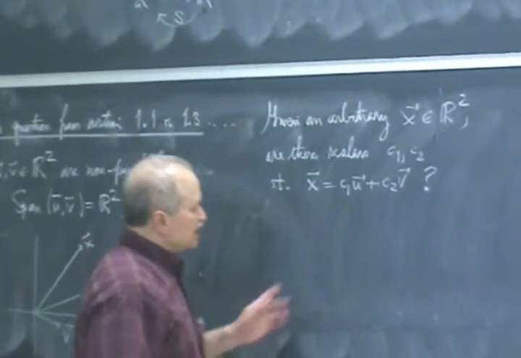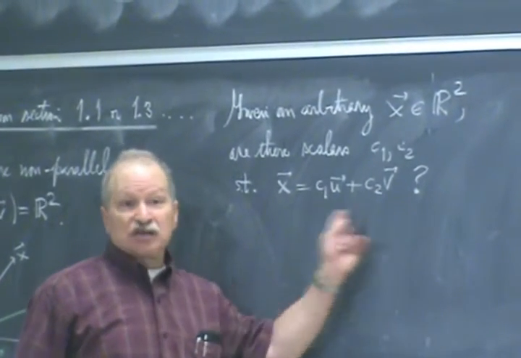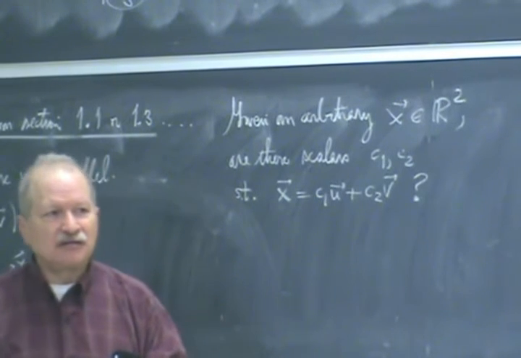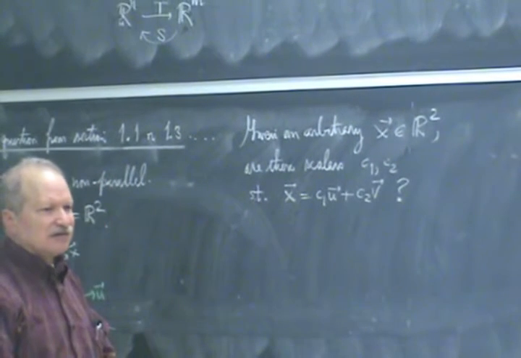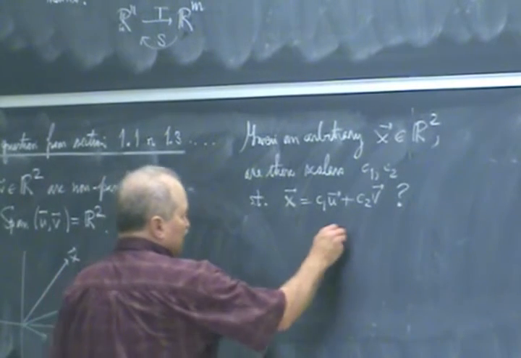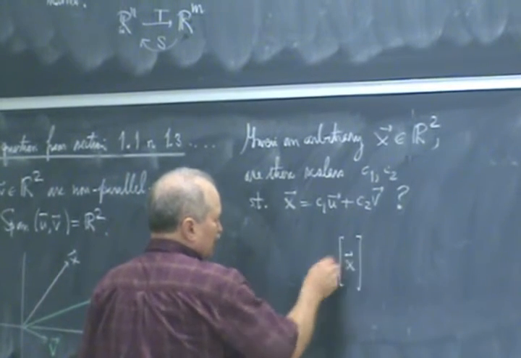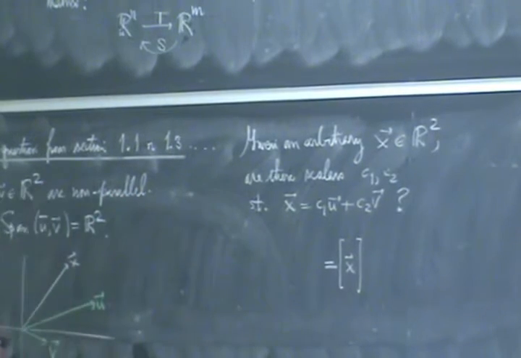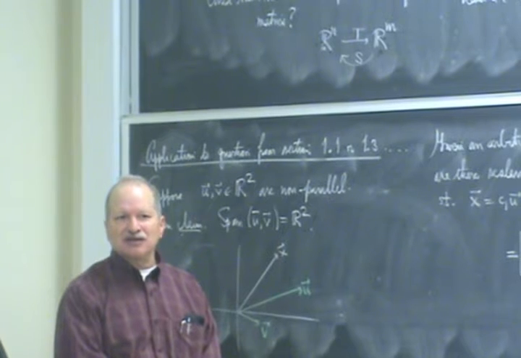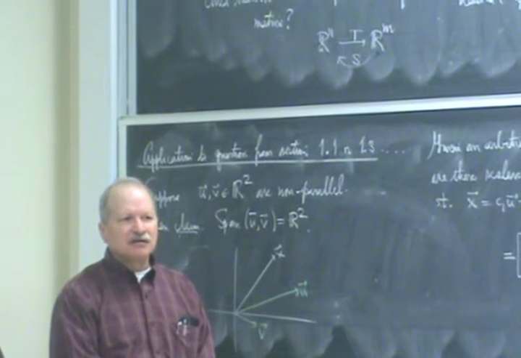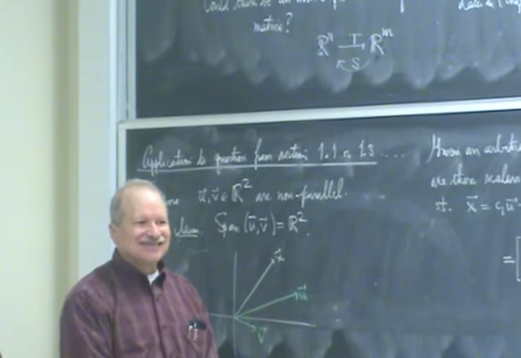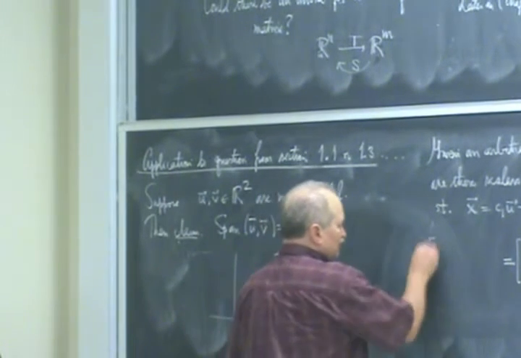So can you write this as a matrix equation for me? I have a vector x, and I'm asking what matrix operation says take a linear combination with certain scalars? Multiplication. UV is one matrix.